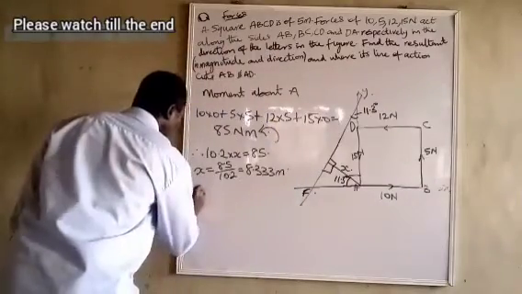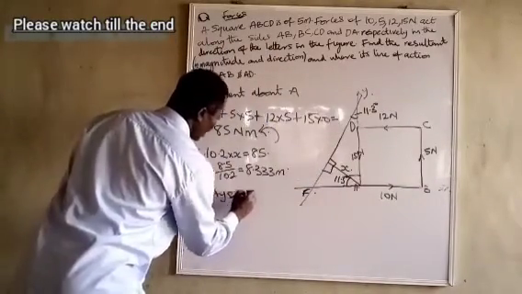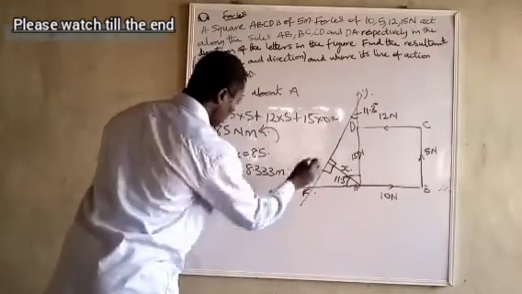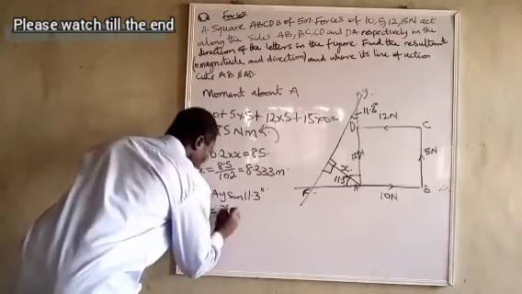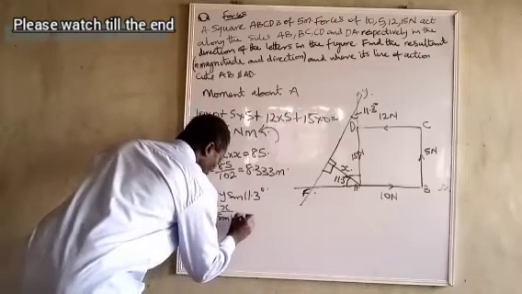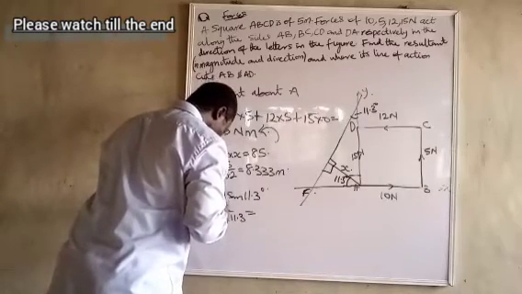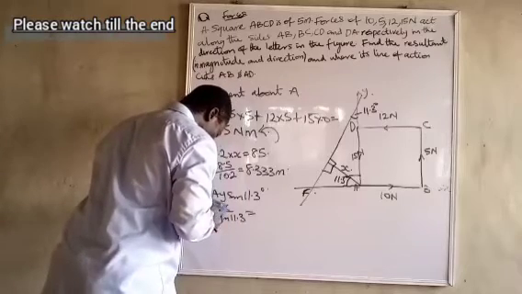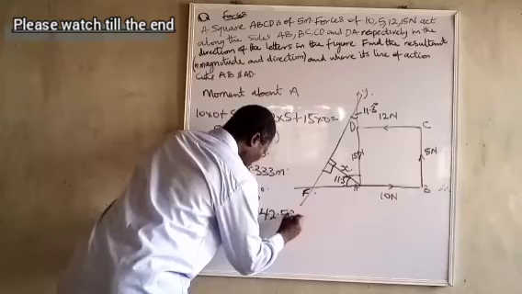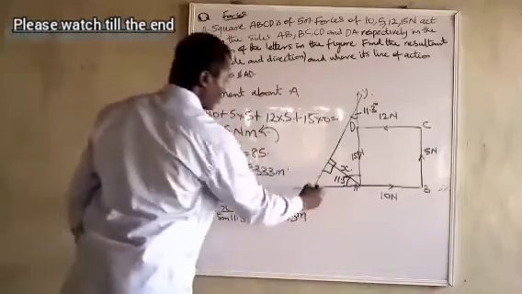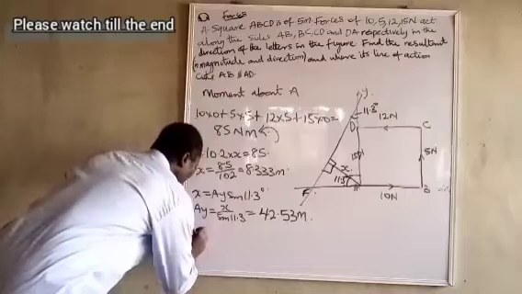So x will be equal to AY sine 11.3. So AY will be equal to x divided by sine 11.3, and that's going to give me 8.33 divided by sine 11.3, which is 42.53 meters.